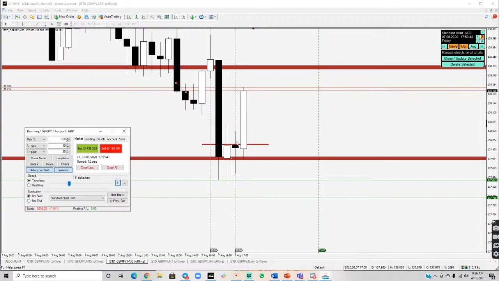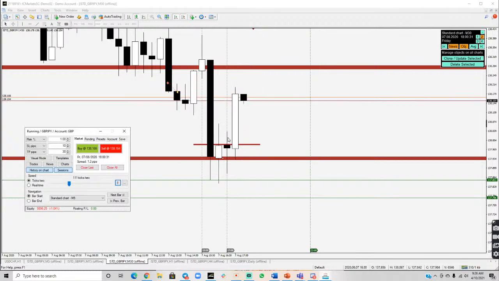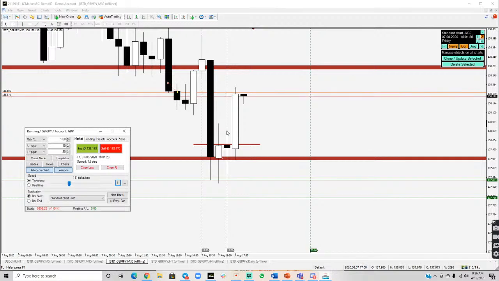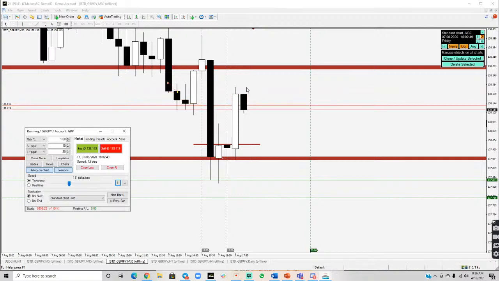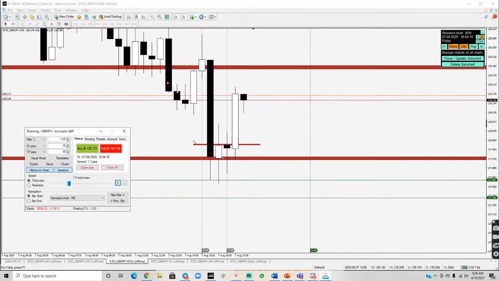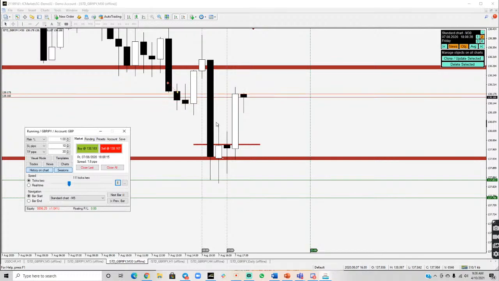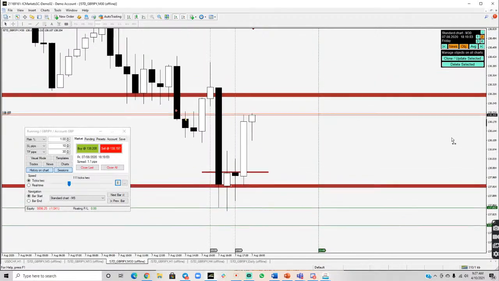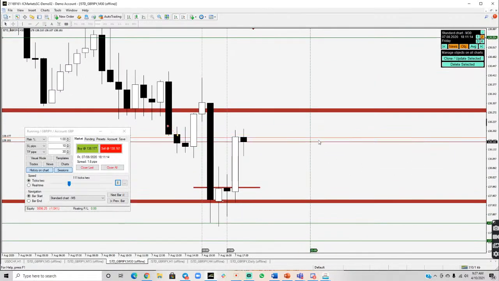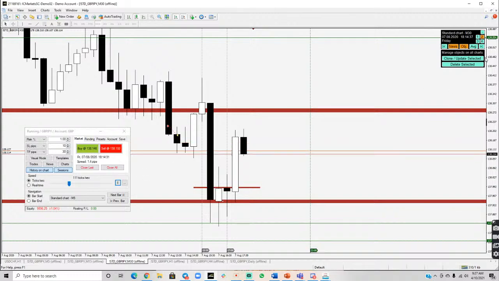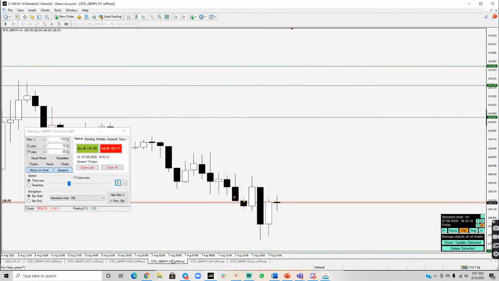But the idea would be for the 30-minute candle to close somewhere in this area, and we could actually take a buy for it to continue to push up. Yeah. I'm gonna do another day. I'm gonna move on to the next trading day.